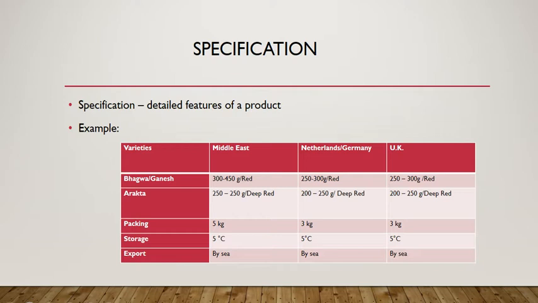For Netherlands or Germany or Europe, it is 250 to 300 grams, and UK also has the same specification preference. So the package should be 5 kilogram package for the Middle East and 3 kilogram for EU, and the storage should be at the same temperature if it is exported through the sea.